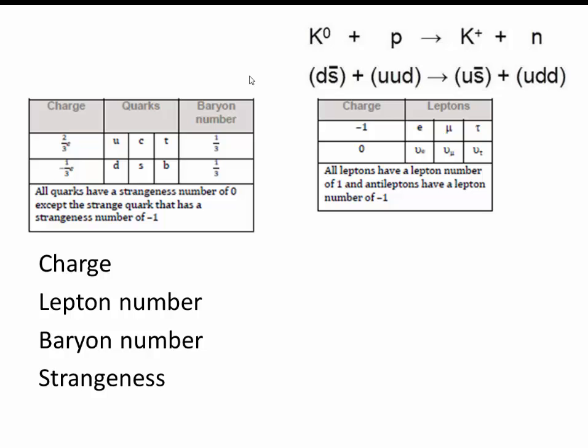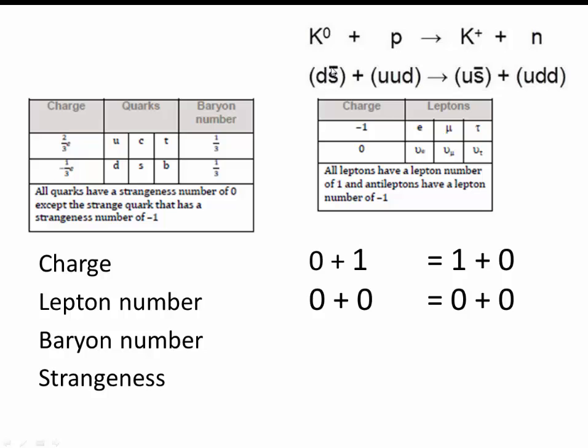Let's look at this. A K0 and a proton interact to produce a K plus and a neutron. Let's look at the charge. You can work out the charge here: this is going to be 0, that's plus 1, that's plus 1, and that's 0. So it's going to be 1 on each side. That works. Lepton number. Neither of these are leptons. They're hadrons. We've got mesons and baryons here. Baryon number.